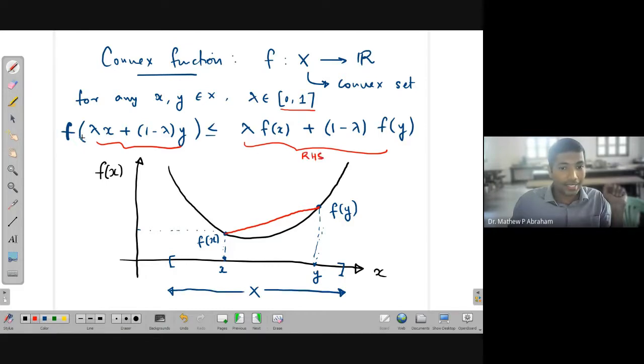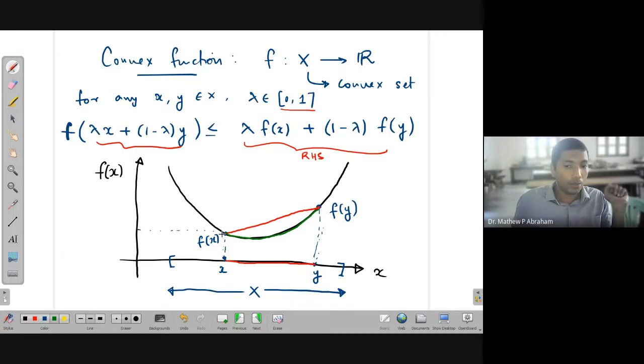And now what is the left hand side? The left hand side is saying the function value with the arguments being the straight line between x and y. So if you have x and y, lambda x plus 1 minus lambda y corresponds to this region. And at all these points, what is the function value? The function value at all these points is actually the one represented in green.